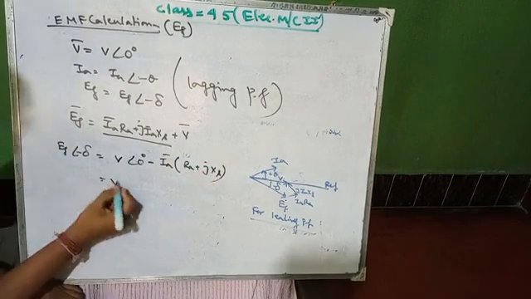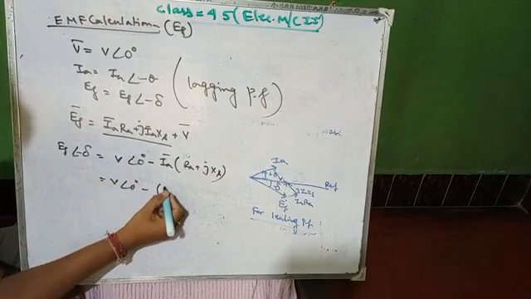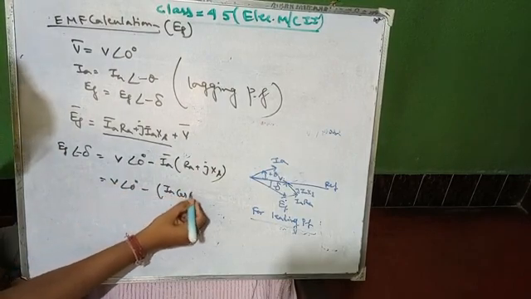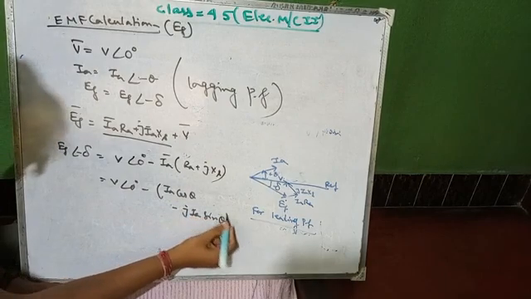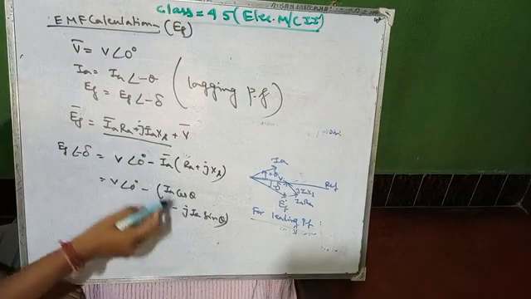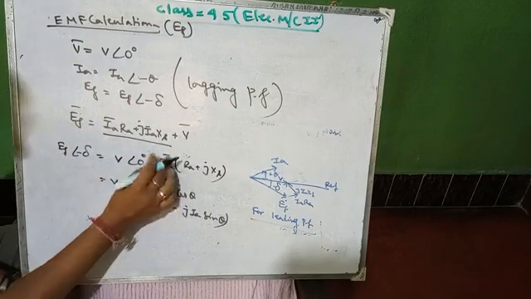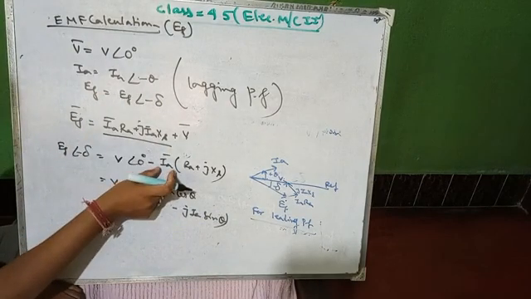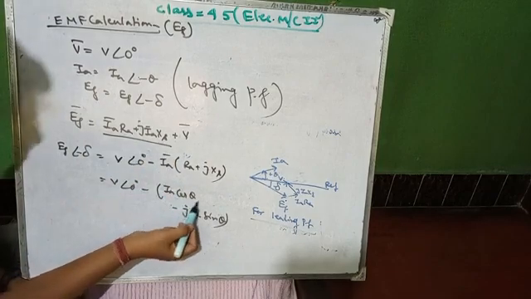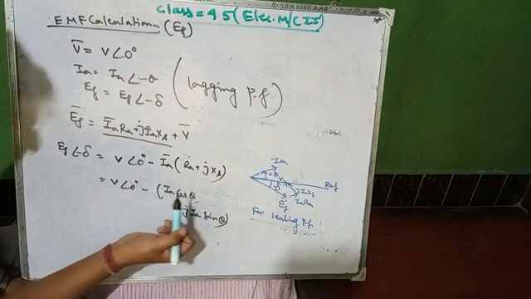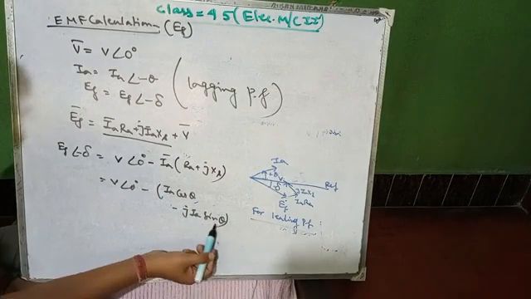Now IA will be equal to IA cos theta minus J IA sin theta. Why? Because I am taking minus theta for IA, so whenever you resolve the phasor, cos minus theta will be plus cos theta, and sin minus theta will be minus sin theta.